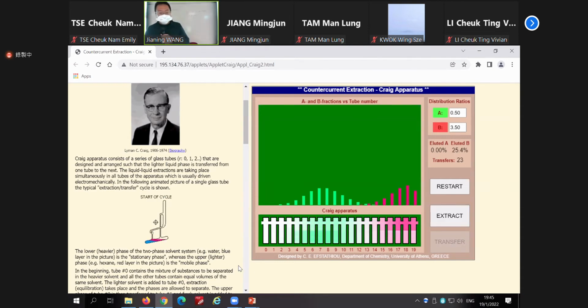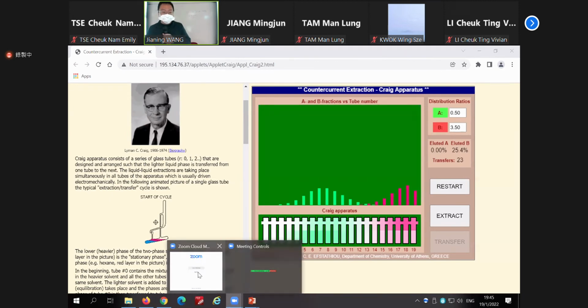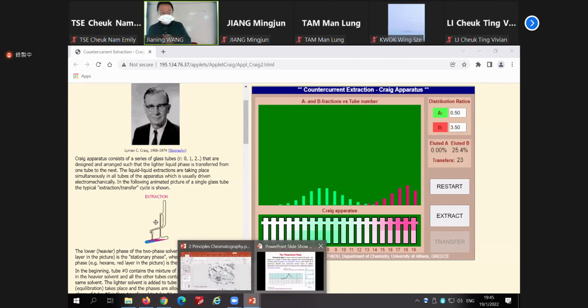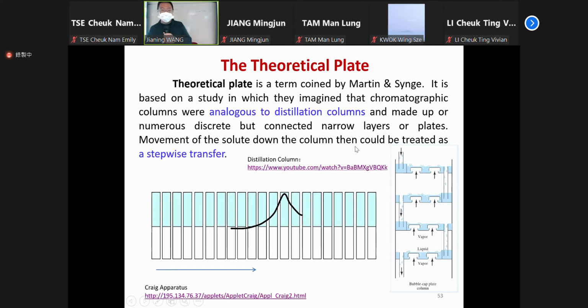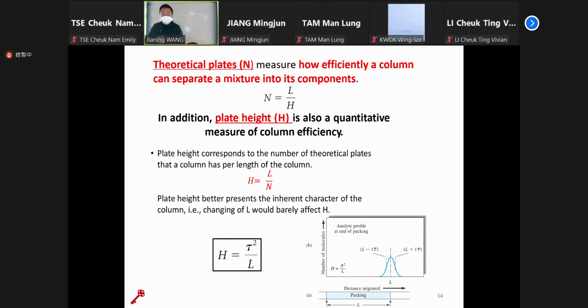So this is the simulation, and we see why we call it plate. This is the explanation of why it is called plate, because actually there is no plate inside the column. Okay, so here we have the definition. For a certain column, we have a certain length.